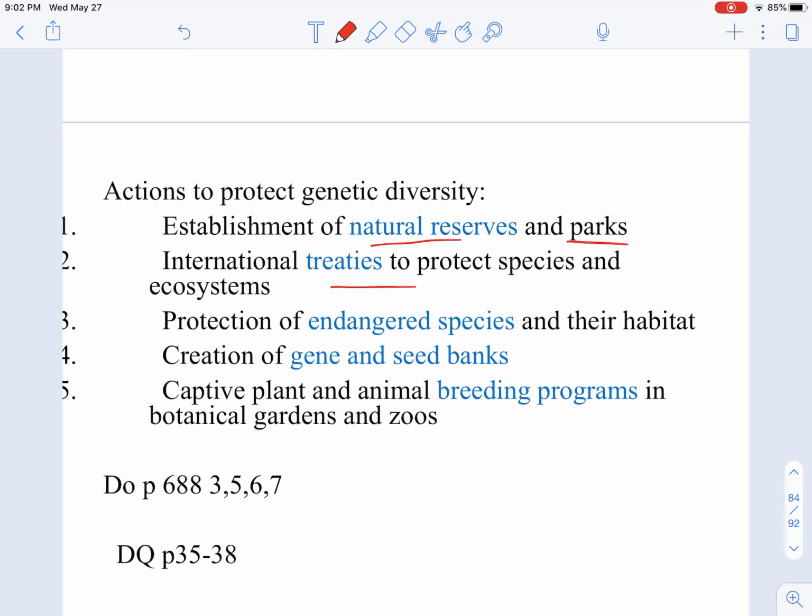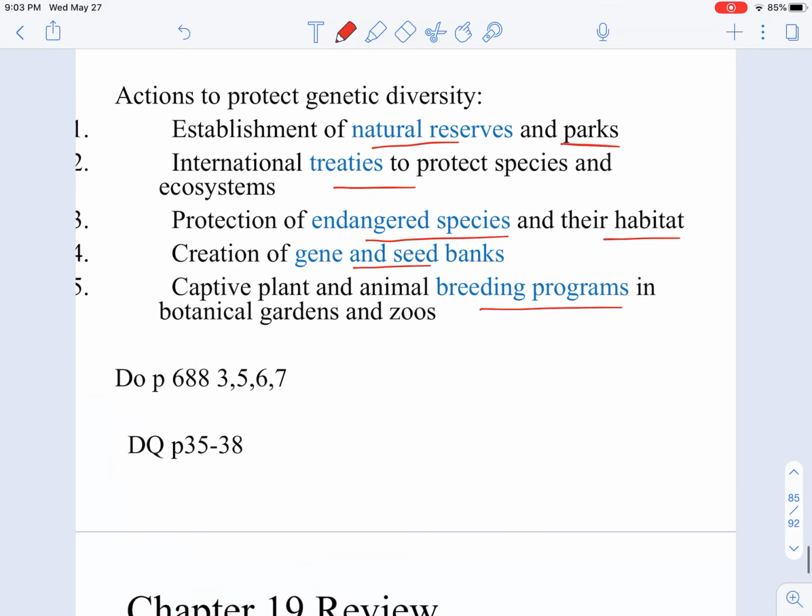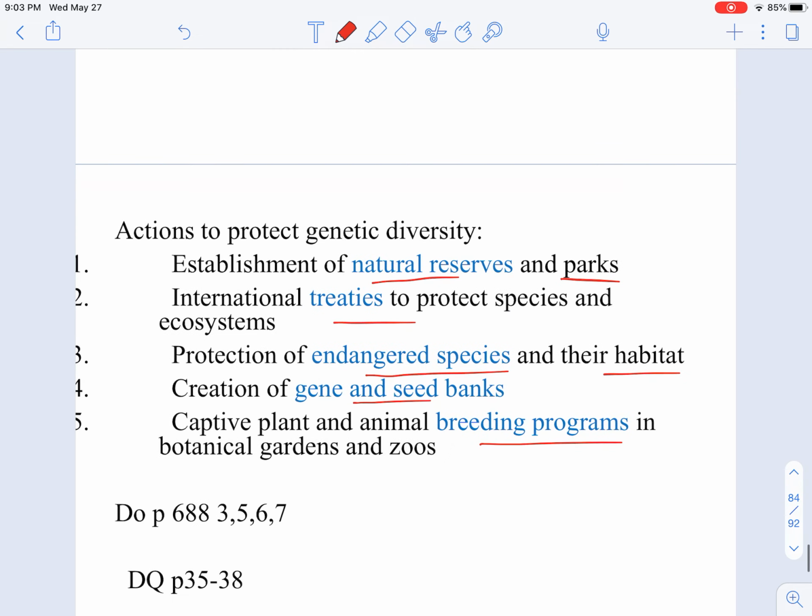And to protect this, we have natural preserves, parks, treaties, protection of endangered species, protecting their habitat, seed banks, gene banks, and breeding programs to try to preserve all the species that we have on Earth today.